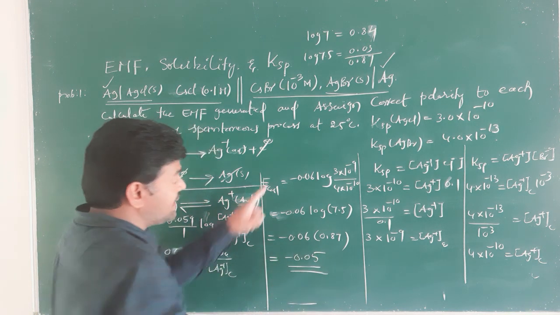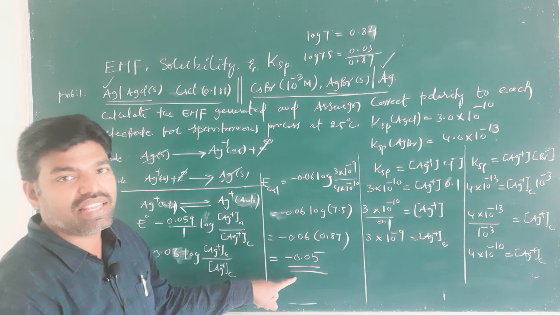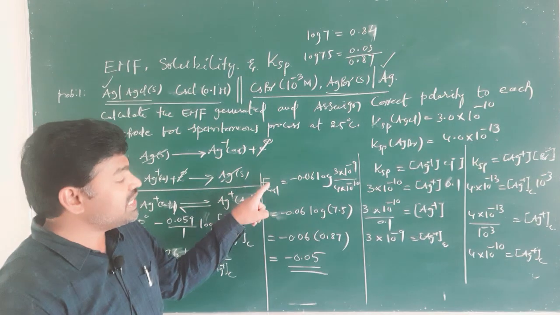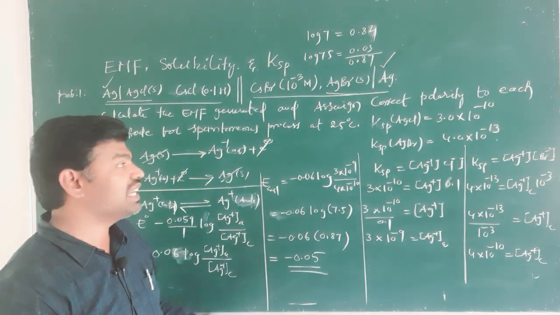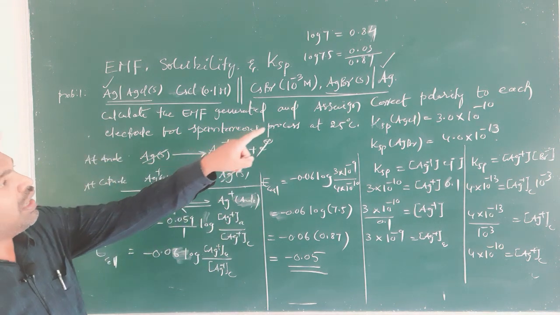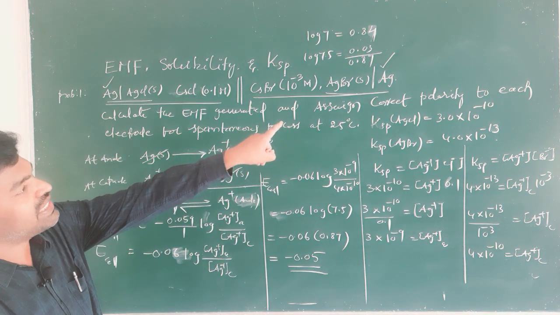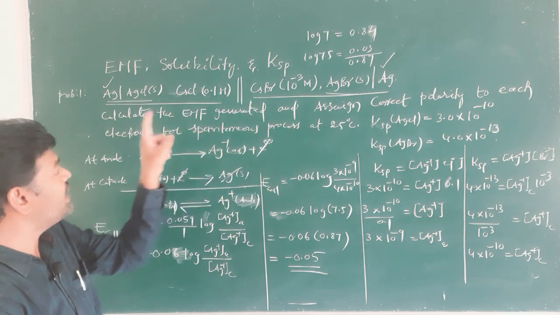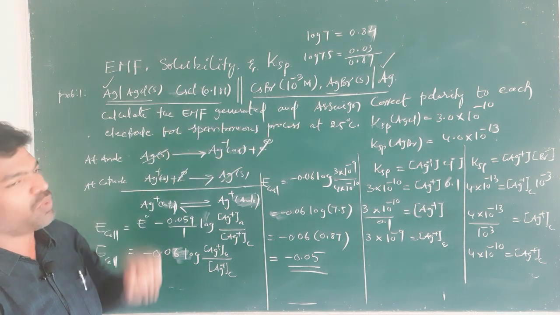That is E cell is negative. E cell is in relation with the delta G, and they ask to find out the polarity, assign correct polarity to each electrode for spontaneous process.